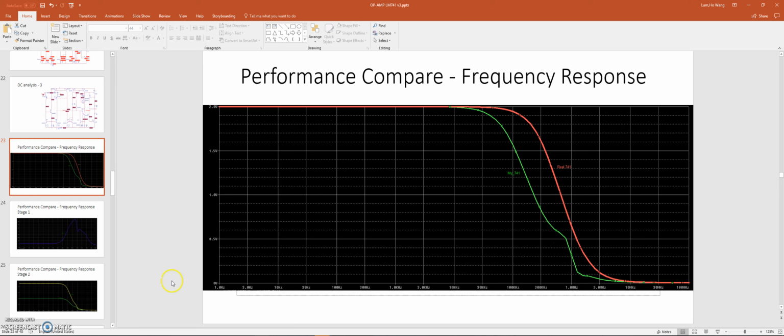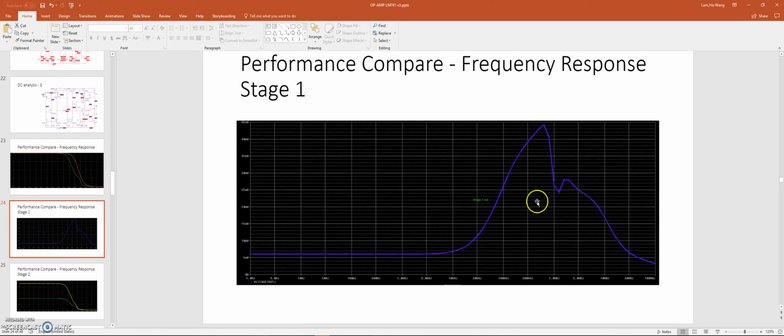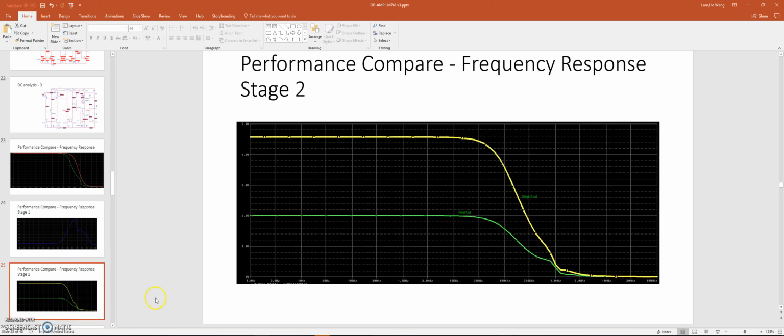So we are looking at the stage 1 frequency response. Around 30, this thing goes up, and then on the second stage, the green one is the final output, the yellow one is the second stage output. So we can see the frequency response on the second stage is probably okay.